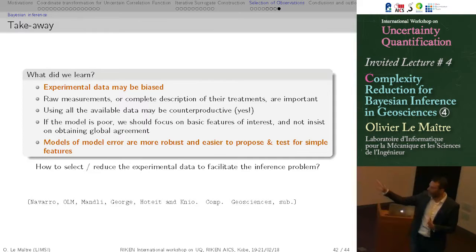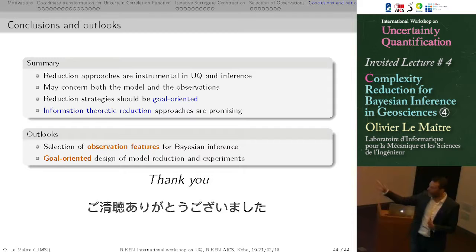But there are some advances currently on machine learning, especially on computational biology, where they have this kind of issue also to perform some measurements on system, and they are trying to extract really relevant quantities to characterize the system. Okay, so conclusion and outlook. Yeah, I still have time.